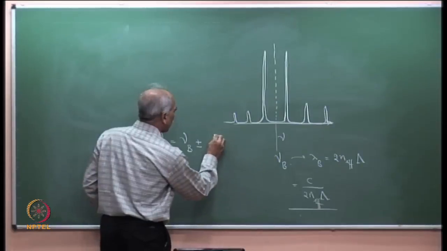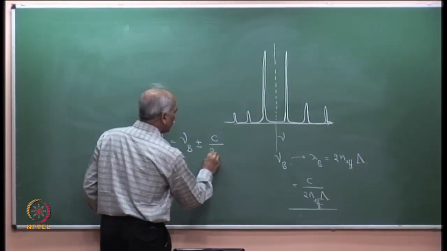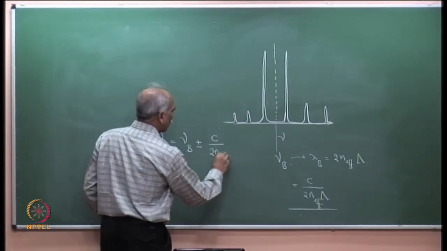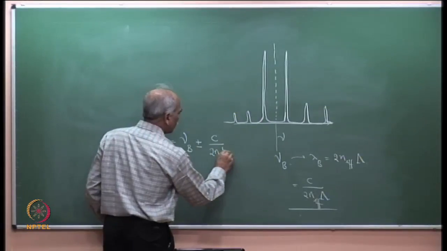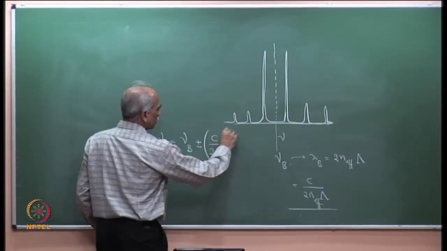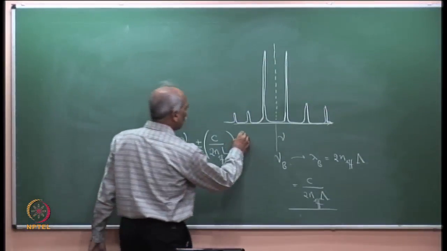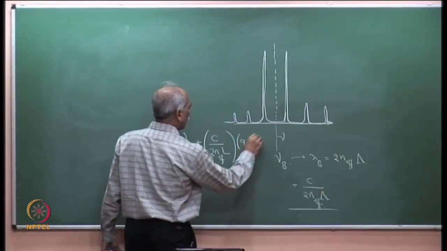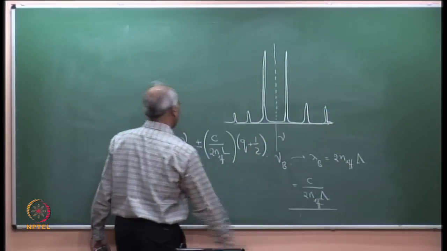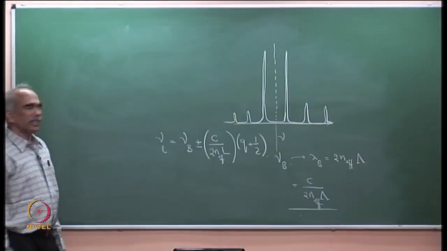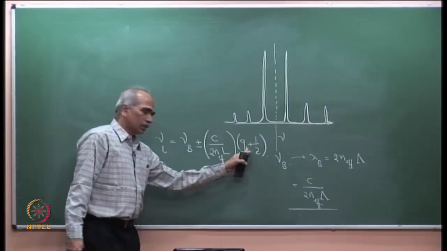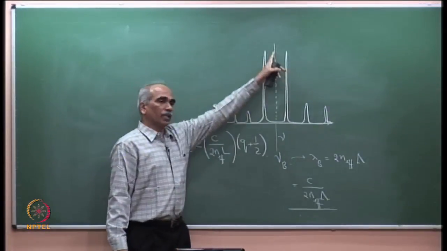The free spectral range is C by 2 n effective into L here, into q plus half. Let us say q is equal to 1. If q is equal to 0, it is the central one here.